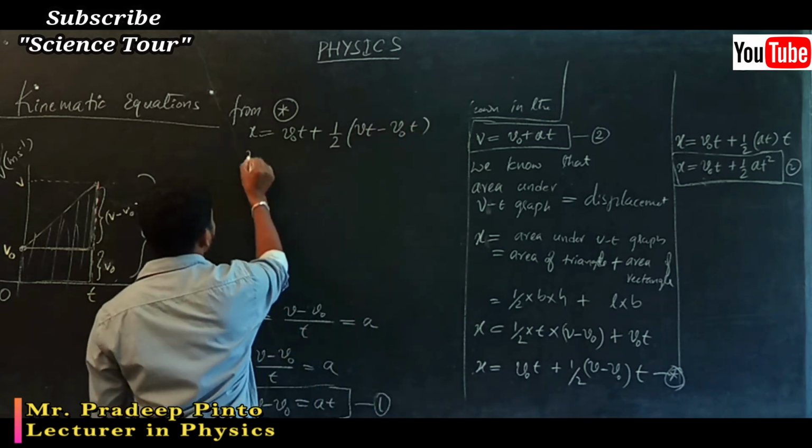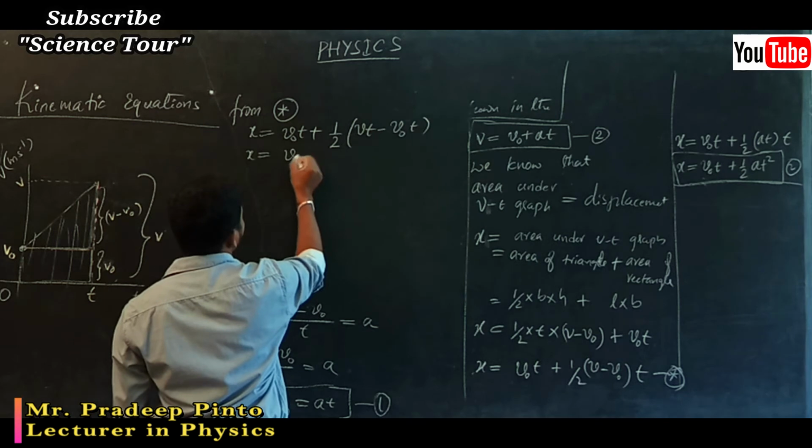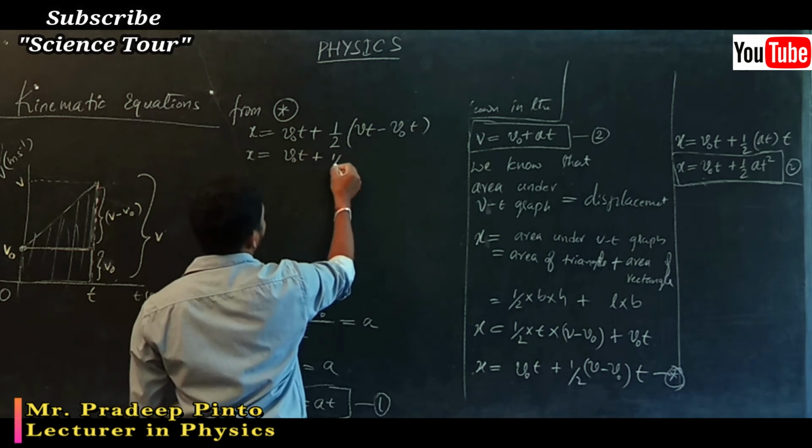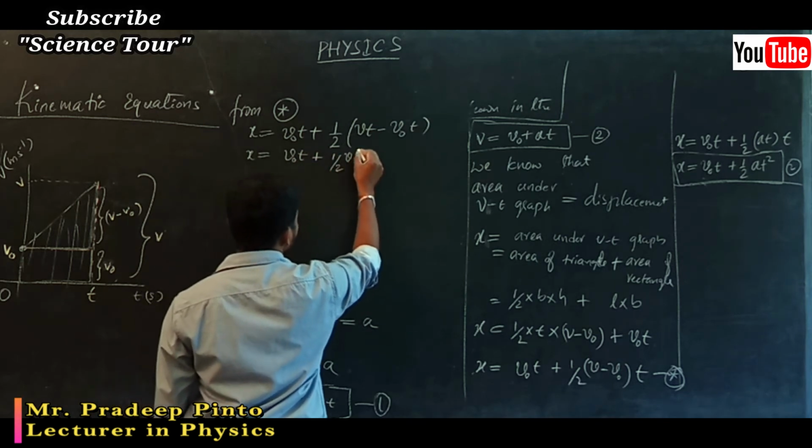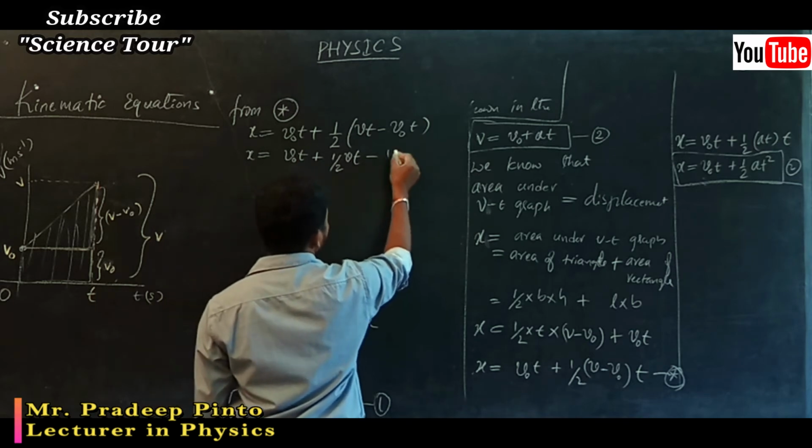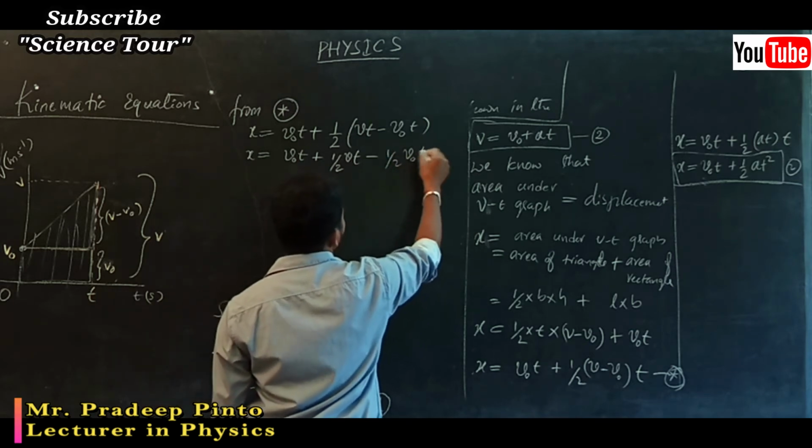What happens? x is equal to V naught into t plus half V into t minus half V naught into t.